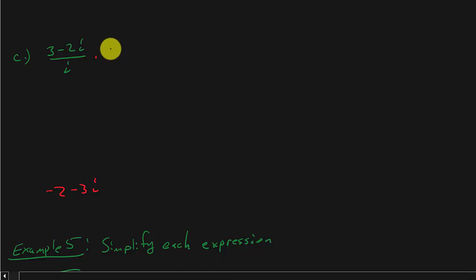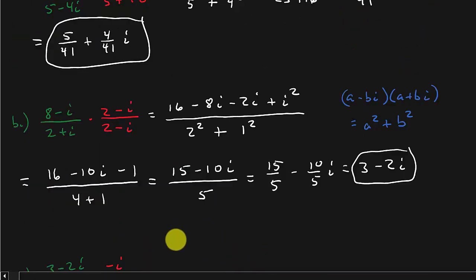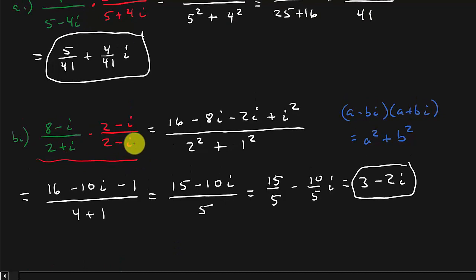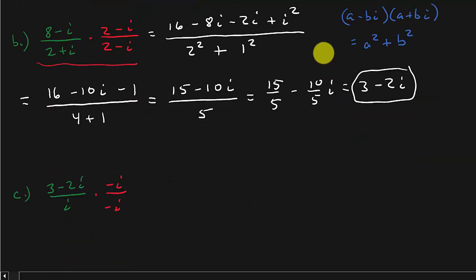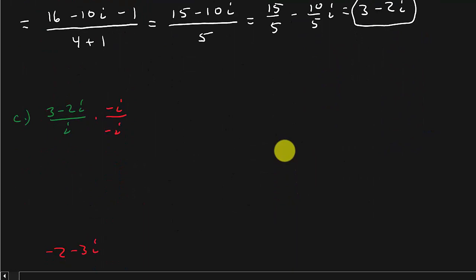So I multiplied numerator and denominator by i. I could also multiply numerator and denominator by -i. And if you look at the problems we did here and the ones we did here, we multiplied numerator and denominator by the conjugate of the denominator, right?